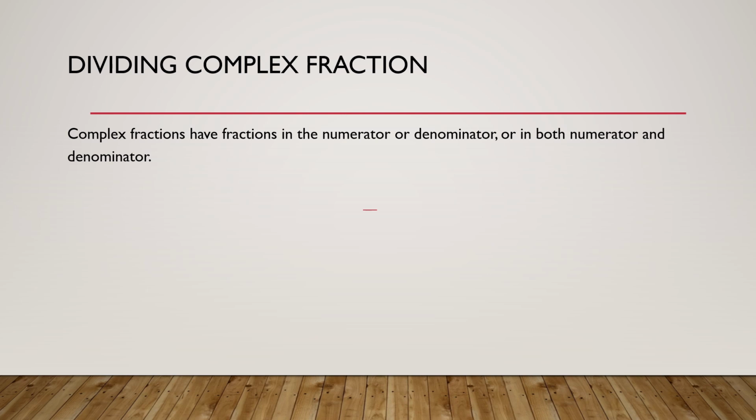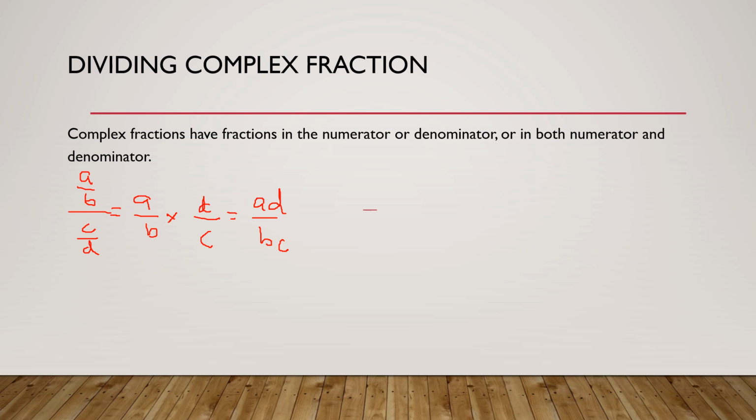For example, we can say A over B, then C over D. So if you have a fraction in the numerator and also a fraction in the denominator, we can write that like this: A over B, get the reciprocal, baliktarin natin to, that would be D over C. So A times D is AD over BC.